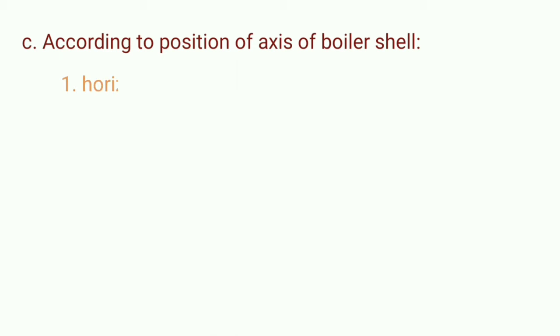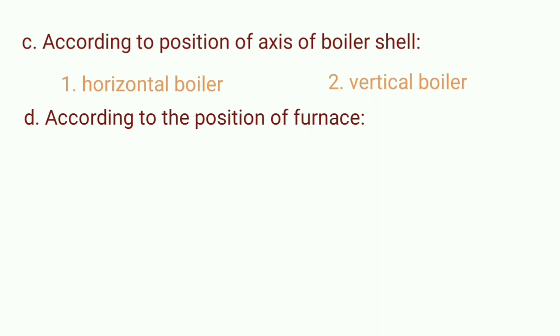Next, according to the position of axis of boiler shell. Number 1. Horizontal boiler. Lancashire boiler and locomotive boilers are the example of horizontal boiler. Number 2. Vertical boiler. Cochrane boiler is a vertical boiler. Next, according to the position of furnace.